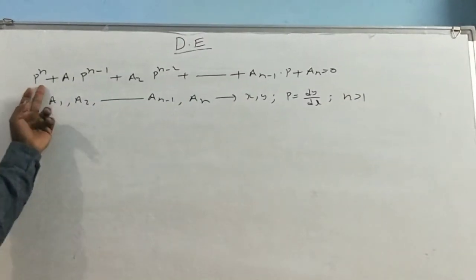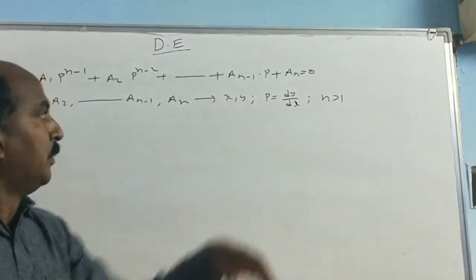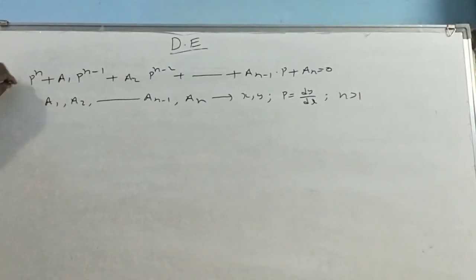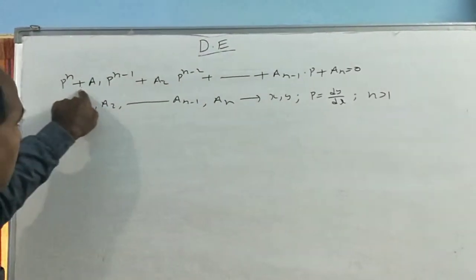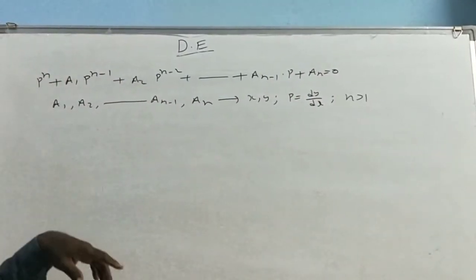This is the first order nth degree differential equation where n is greater than 1. Clearly, this is an nth degree polynomial in terms of p.